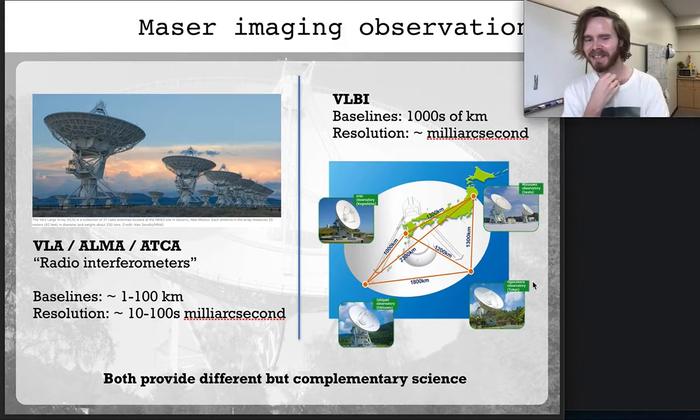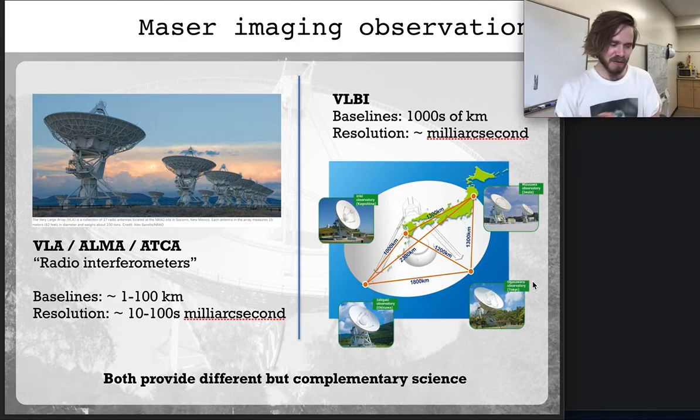Apparently you don't need to know these acronyms all by heart. We all know them as the VLA, ALMA, and ATCA anyway. So these are interferometers, and you're going to be doing classes on interferometers at some point, where the baselines are 1 to a couple hundred kilometers in length.